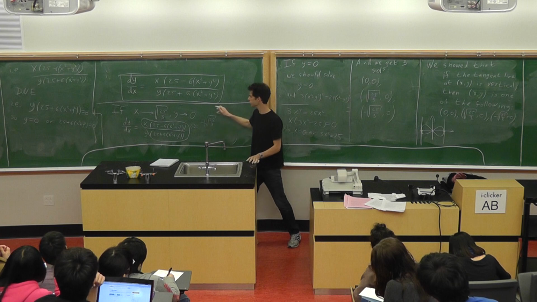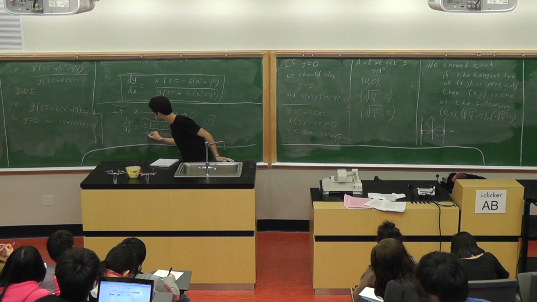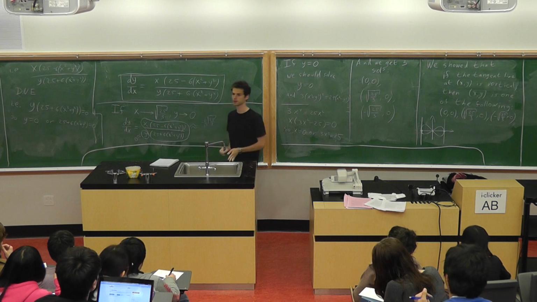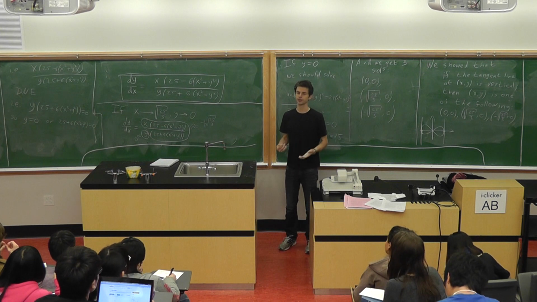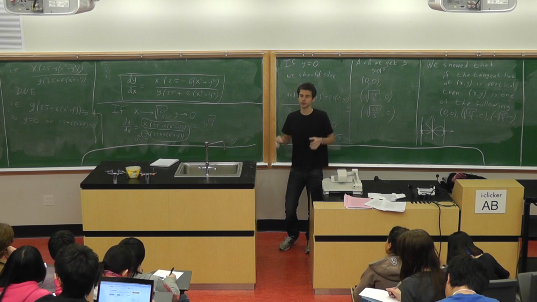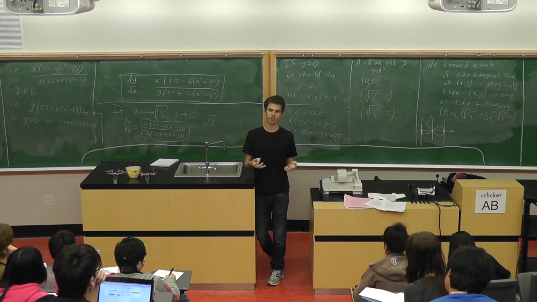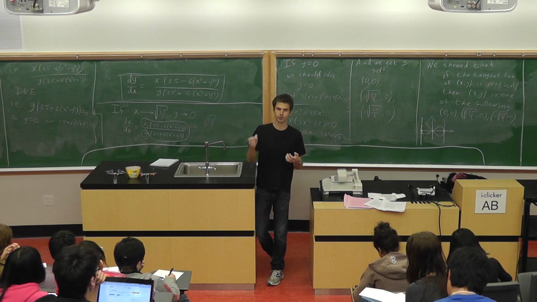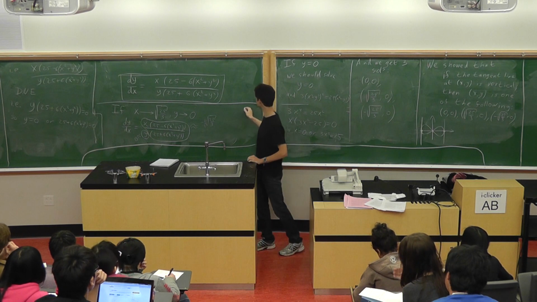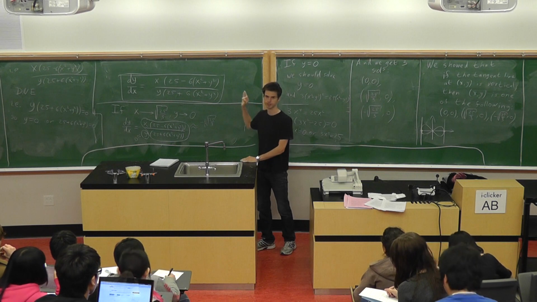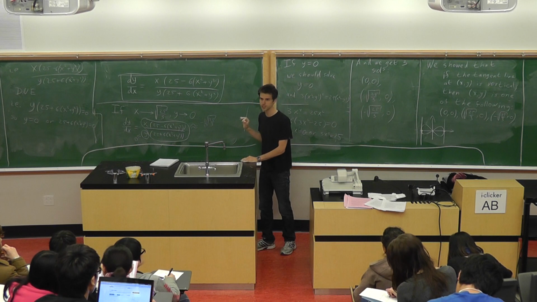And then you take this number and divide it by something which is very small. What kind of answer do you expect to get? Well, if you take a non-zero number divided by something small, you're going to get a huge number. So at nearby points, the slope is actually huge, almost vertical, which is very reasonable.